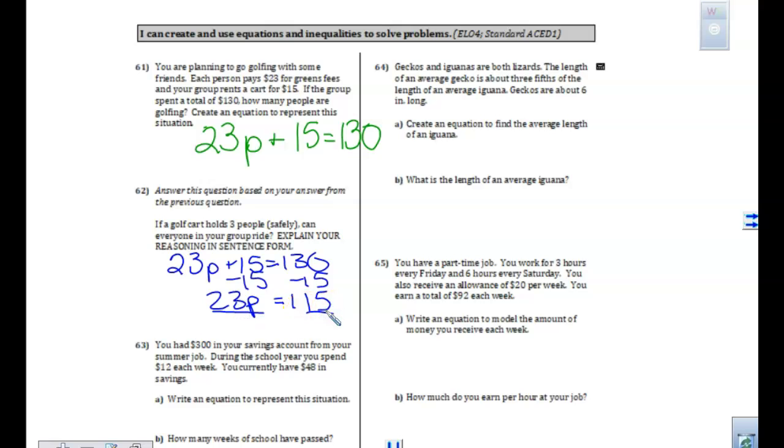We're going to divide by 23. So we get p in this case equals 5. So if the golf cart can hold 3 people, can everyone in your group ride? What would we say? No. 2 people have been left off, right? If we're looking at this one.